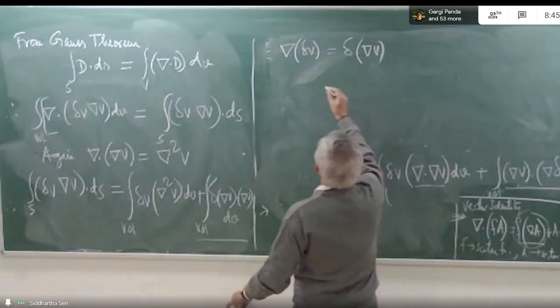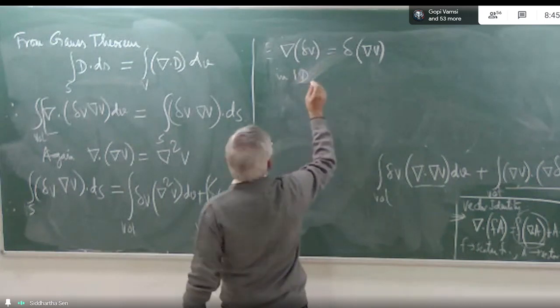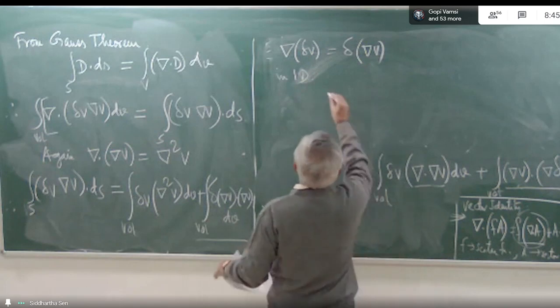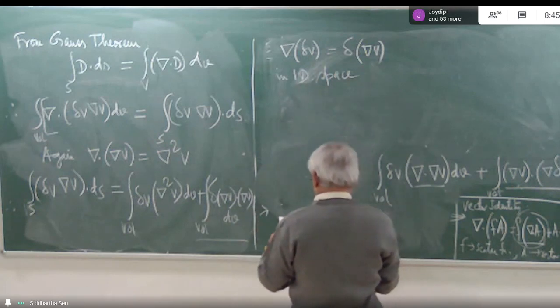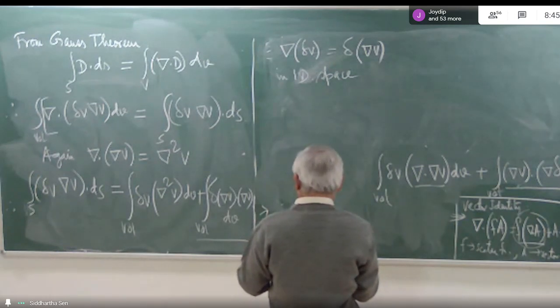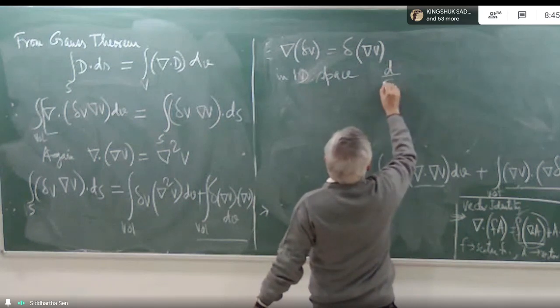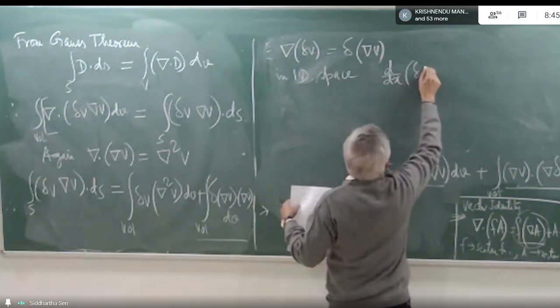In 1D space, we can say it is d/dx of delta f.